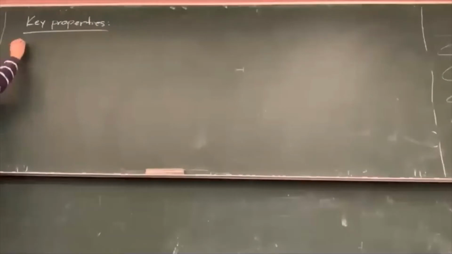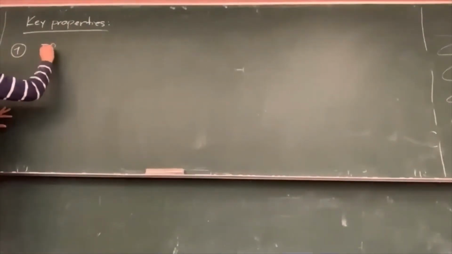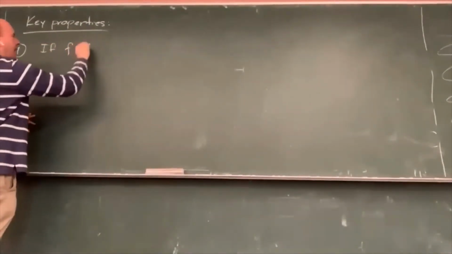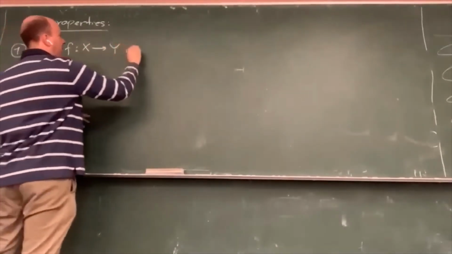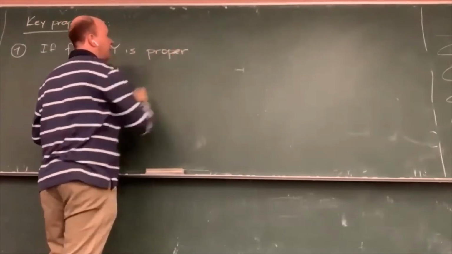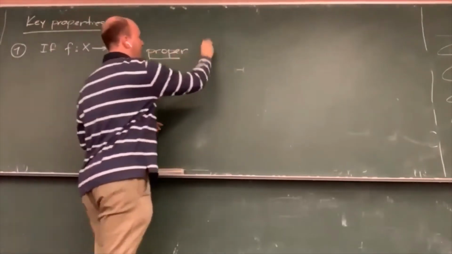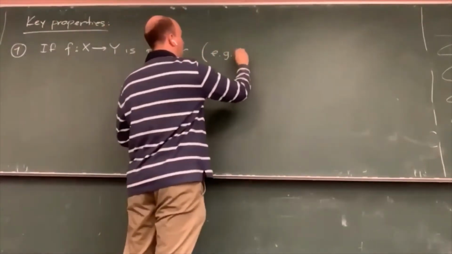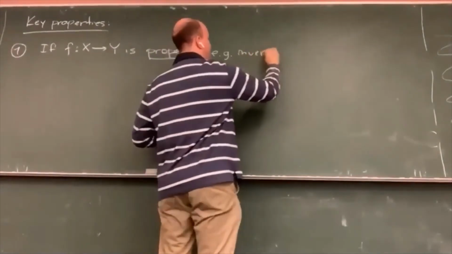So firstly, in terms of push forwards, you don't get push forwards for arbitrary continuous maps anymore. But what you get is that if F is a proper continuous map, so in the topological setting, that means that the inverse image of compact sets is compact.